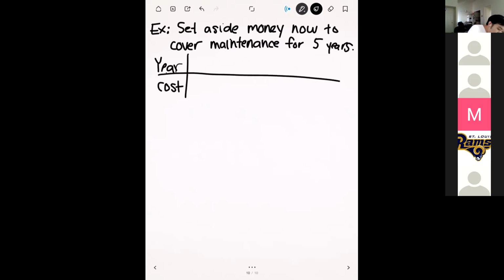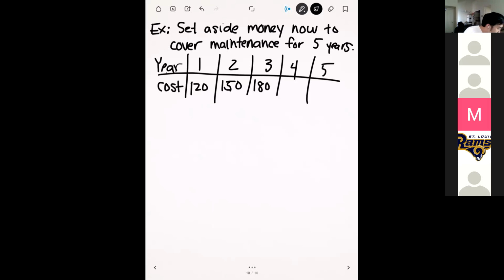We have year 1, year 2, year 3, 4, and the car dealership says that in the first year, the repair is going to cost $120. In the second year, $150, and the third year $180, and then $210, and then $240.